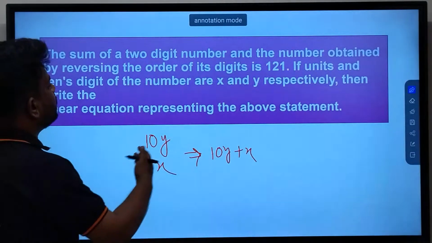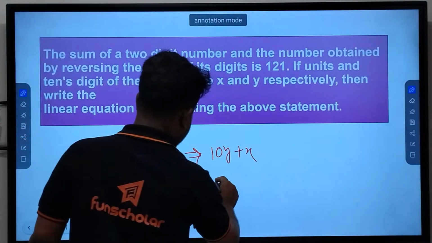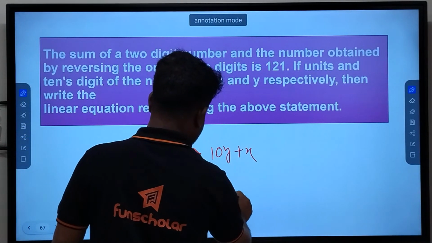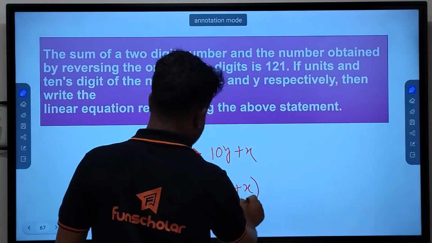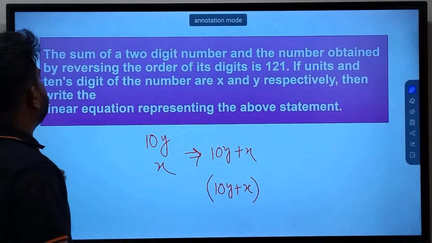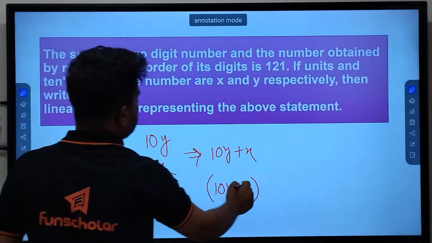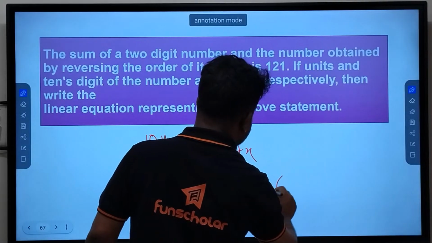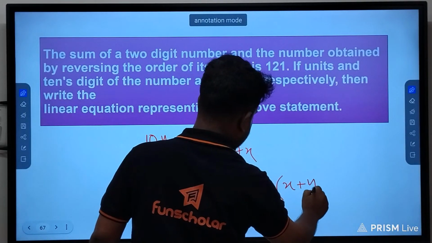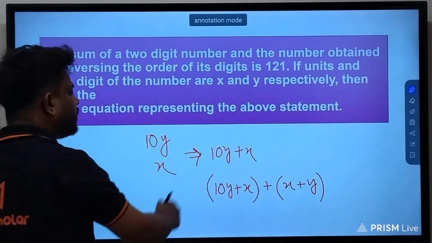So if I reverse the order, it will be 10x plus y, and the sum of these two numbers will be what? x and y.